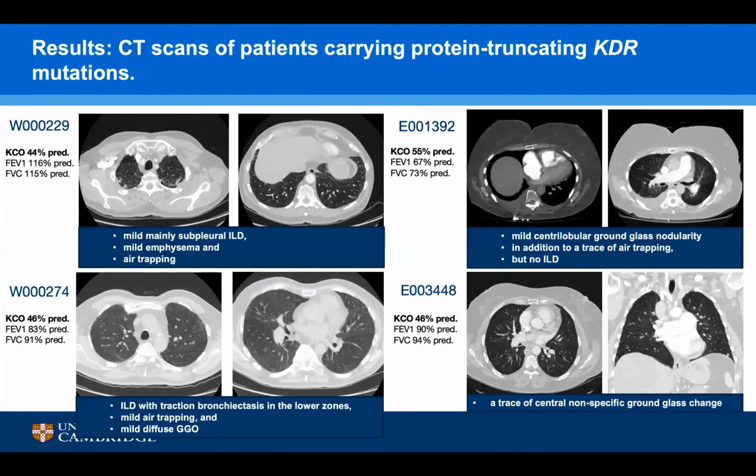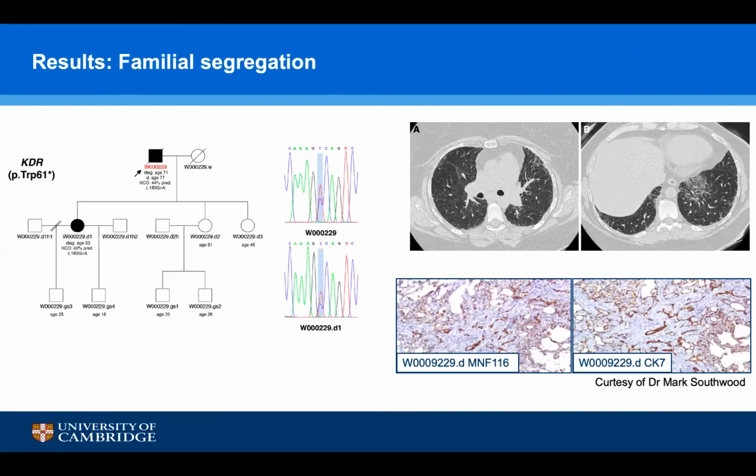When we looked at CT scans, all 4 patients harboring protein truncating variants showed some parenchymal changes, which at least in 3 cases could have been responsible for severely decreased KCO. And following the death of our index case that I showed you at the beginning, his daughter developed PAH at the age of 53.